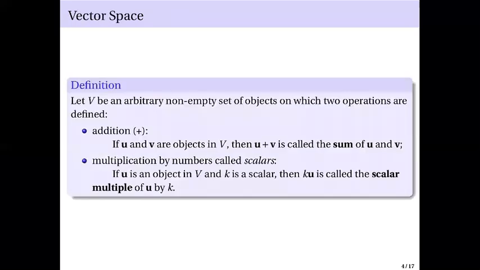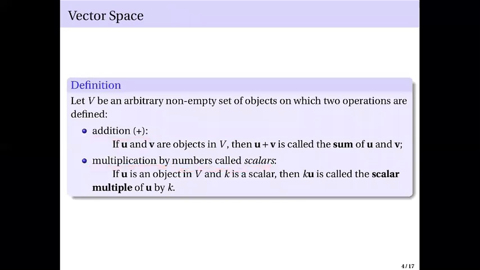So what is a vector space? Let V be an arbitrary, non-empty set of objects on which two operations are defined. We have the addition and we have the multiplication by numbers.